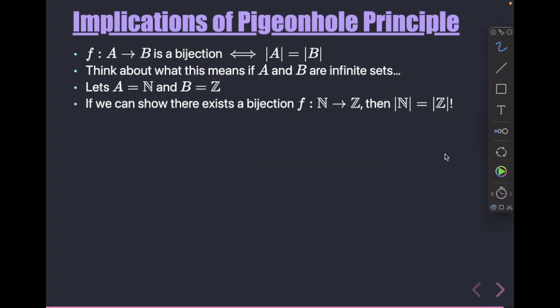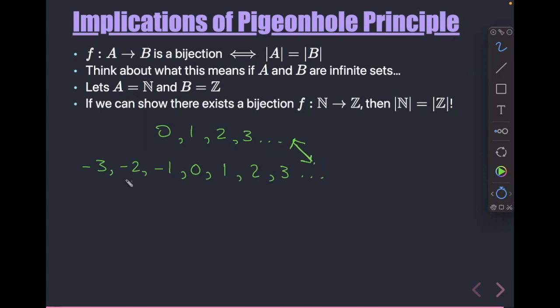So this set of 0, 1, 2, 3, and this set of -3, -2, -1, 0, 1, 2, 3, these are the same size, which is like, what? How is that possible? But that is the implication of this principle. The theory behind this is that these are the same size.